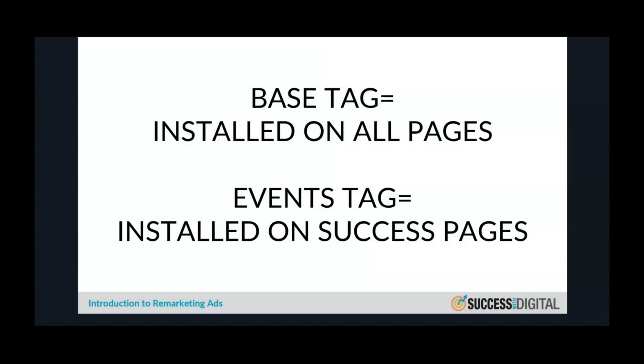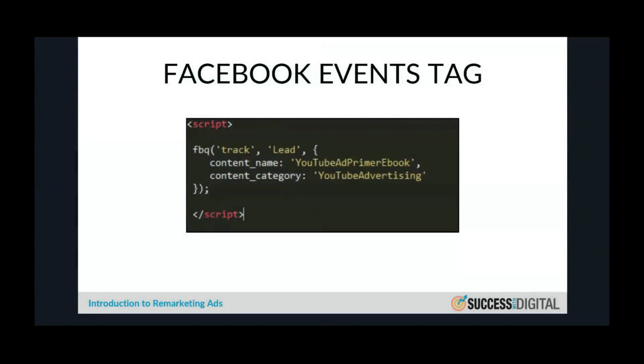And every time someone visits that thank you page, Facebook or Google knows that you've had a success, and you can put in your tag that it was a lead, and then you can also put in different information in terms of what type of content they were getting or what type of service.